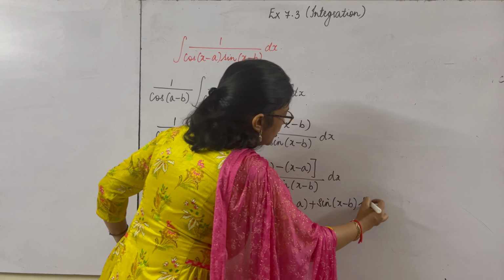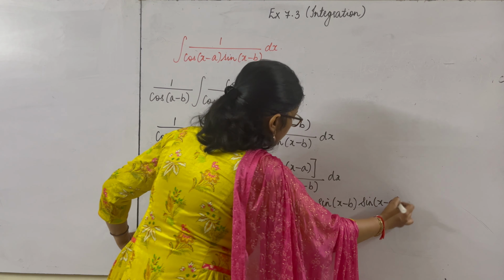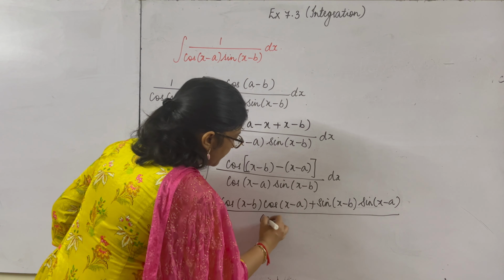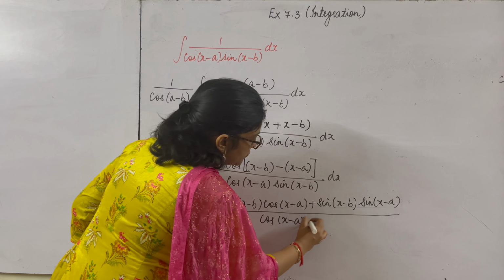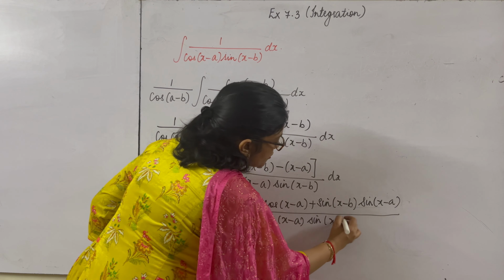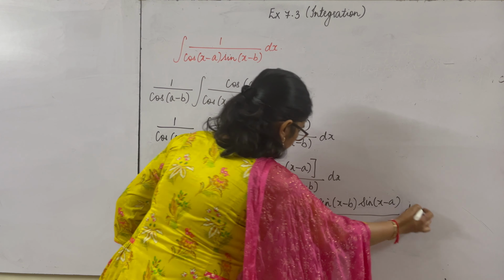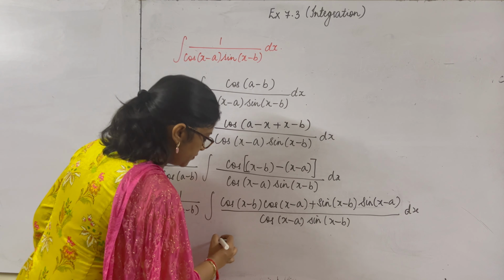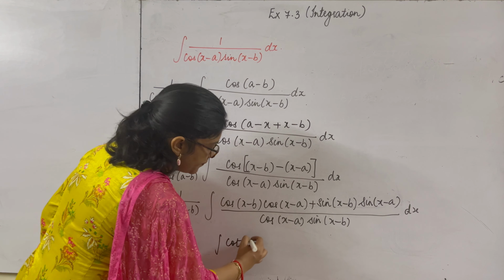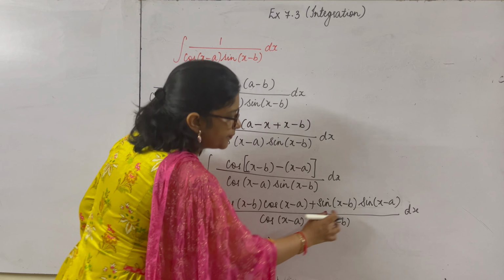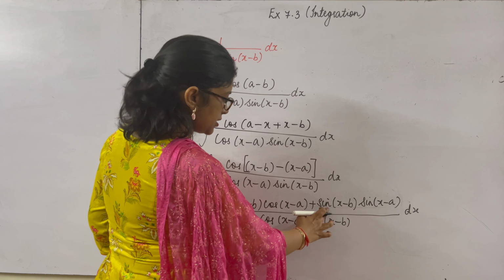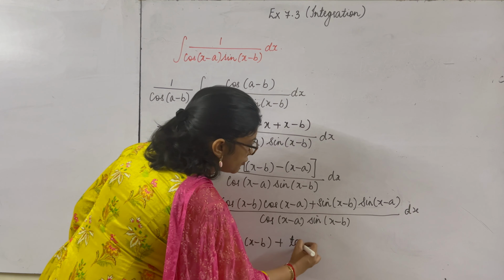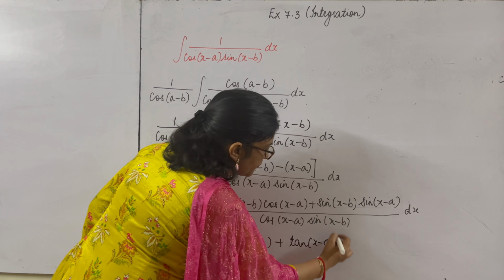So every time when you do this, only one term gets cancelled and the integration becomes possible, for this kind of questions. So when you split this up, now you are left with cos by sine of the same angle, which is cot, and over here sin x minus b will get cancelled and we will be left with tan of x minus a.